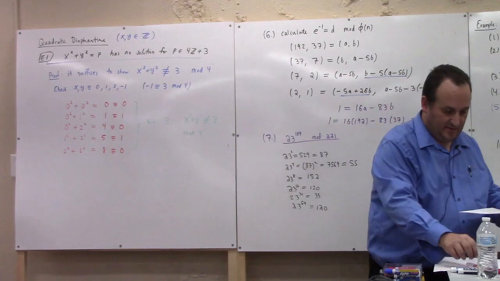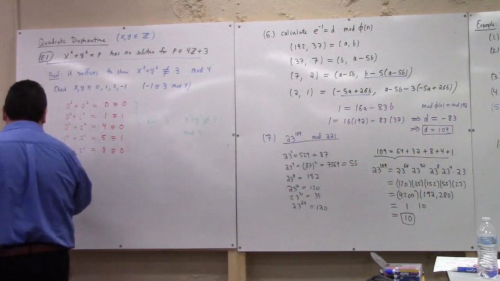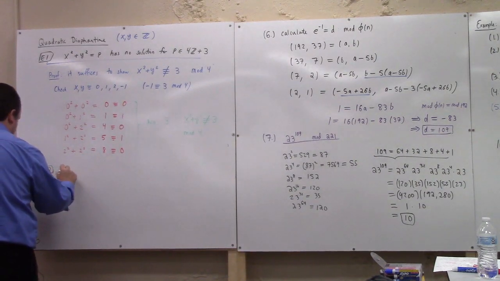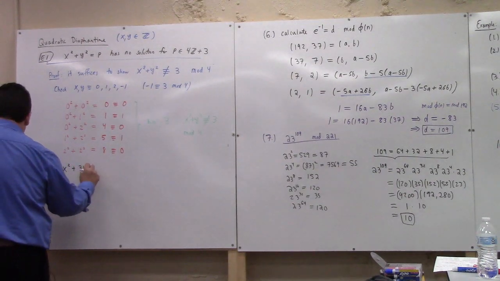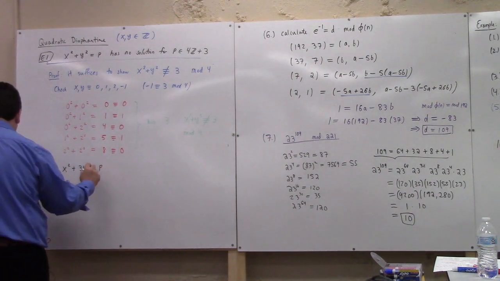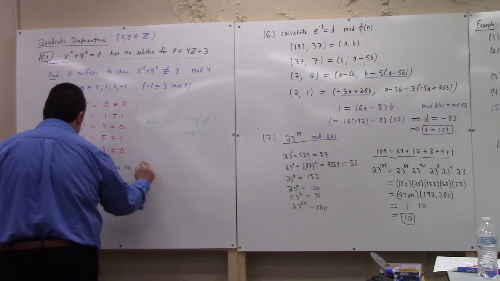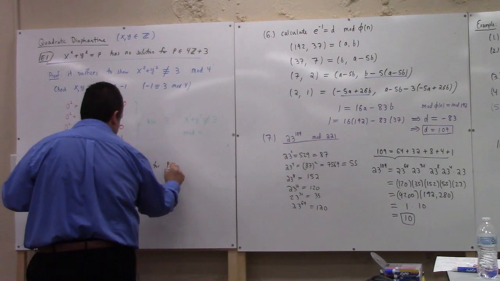Like here's another one. Example 2. You can show that x squared plus 3y squared equals p has no solution for p in 3z plus 2.